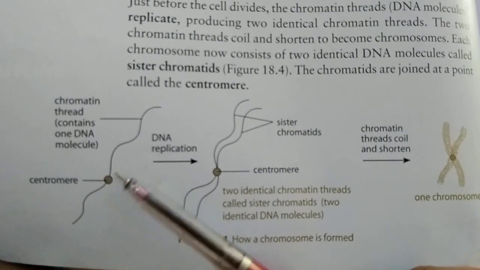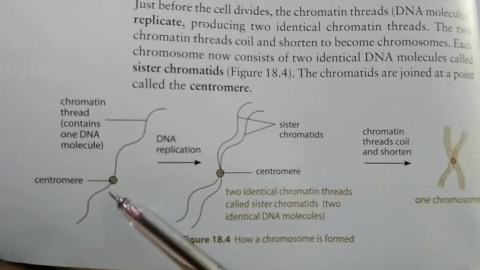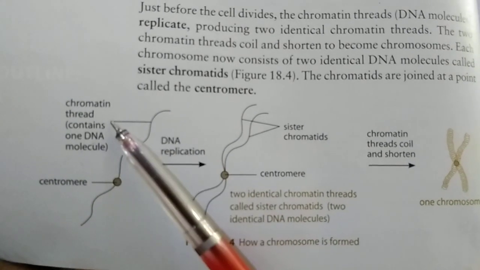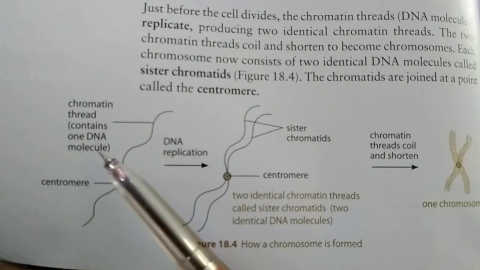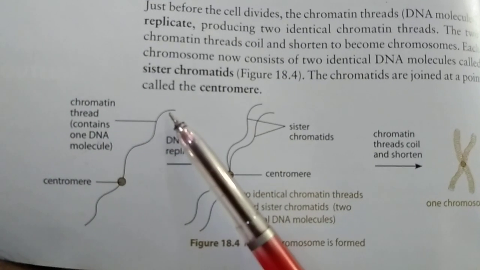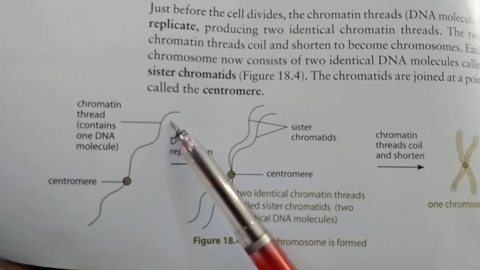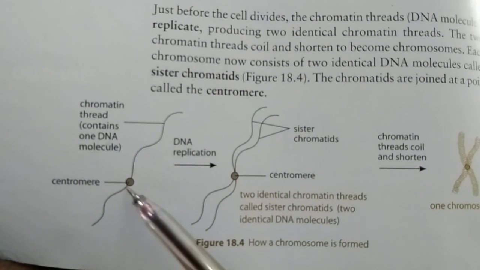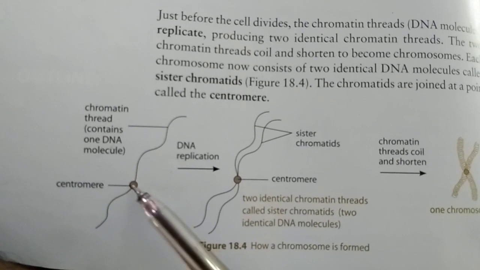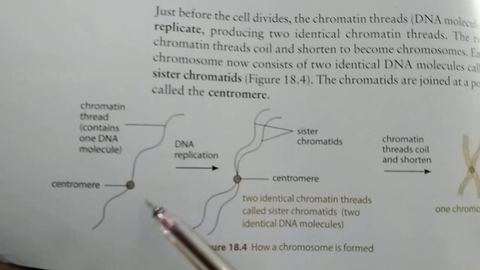That's a thread-like structure. Chromatin thread contains one DNA molecule. Chromatin is present here, and the dot-like junction at the center is called the centromere.